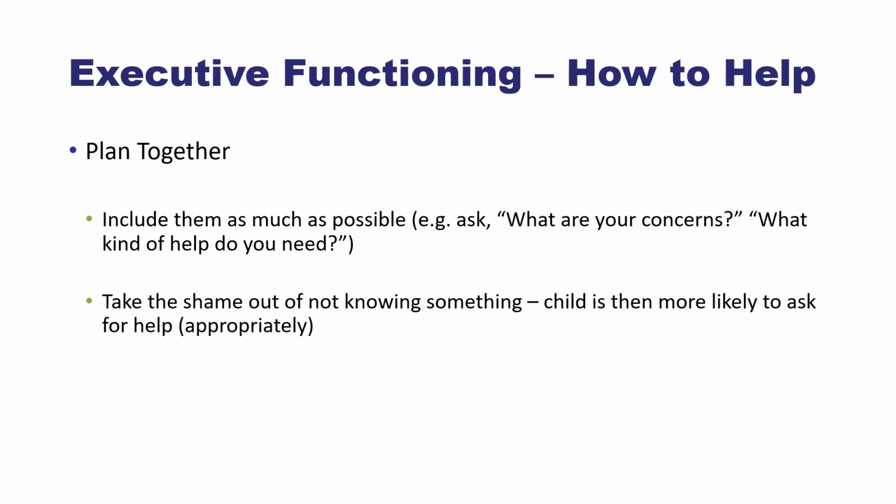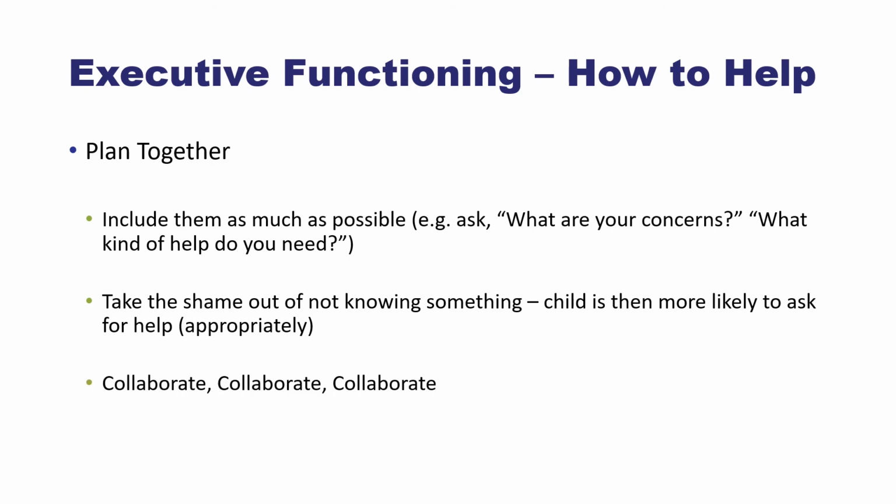Especially in Toronto, where Surrey Place is, there's a lot of A-type personalities here, and everyone is very success-focused, and some of us may feel uncomfortable letting other people know when we don't know something. We don't want kids with FASD to feel that way. We want to take the shame out of not knowing something so that they'll feel more comfortable asking for help, asking for support.